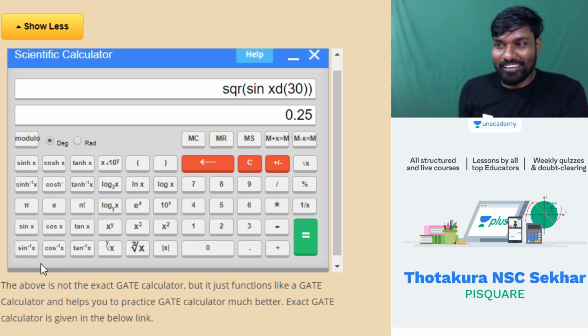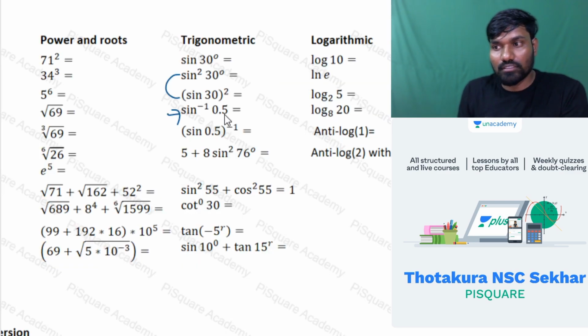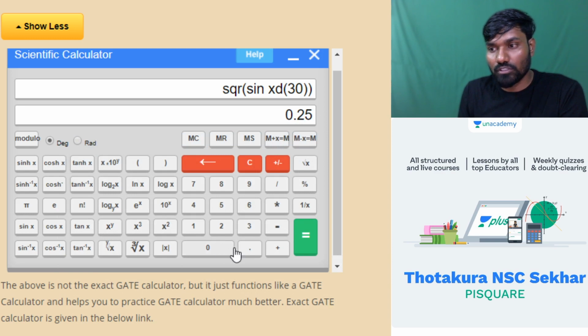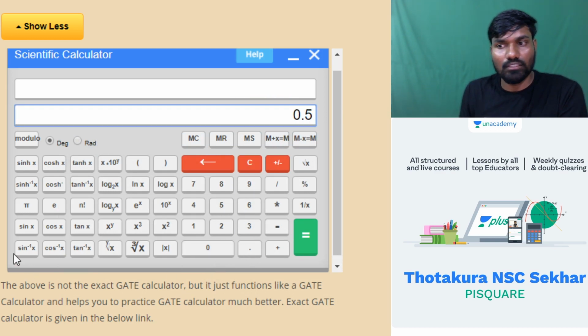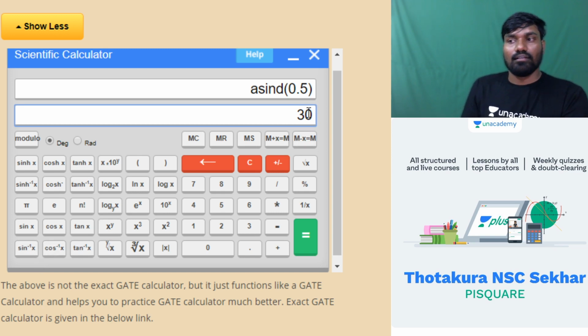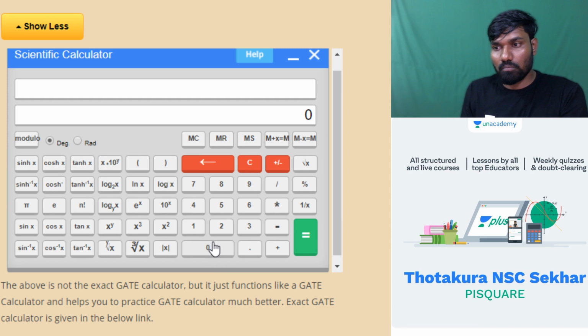Alright. Now this is sine inverse x. We have located x first. So 0.5 first, clear it. 0.5, and not 30 degrees. Okay. Keep it in radians. 0.5. It's in radians now.